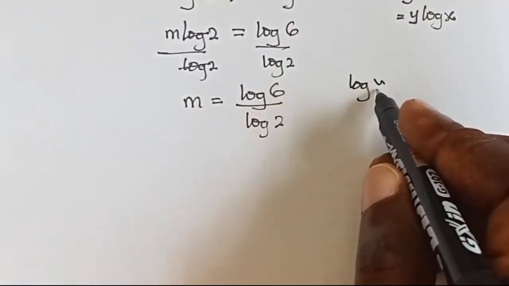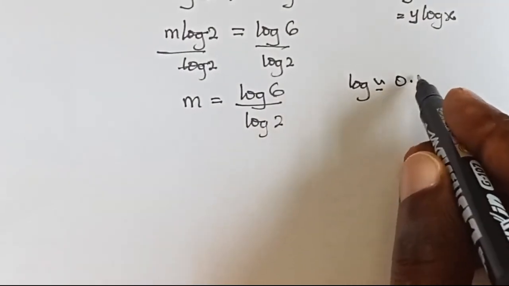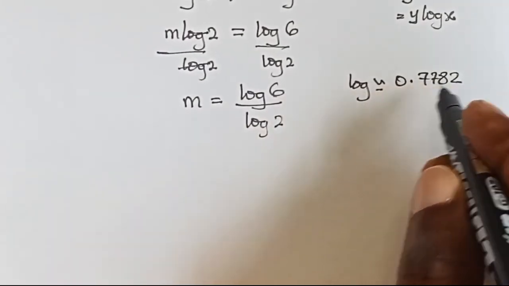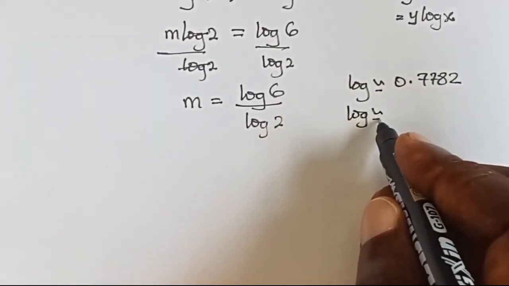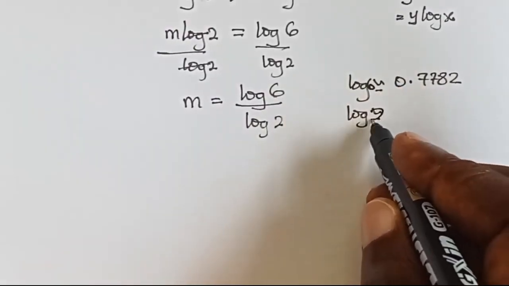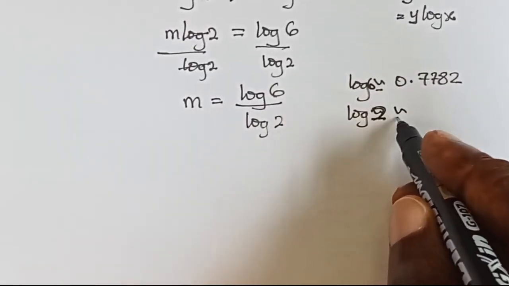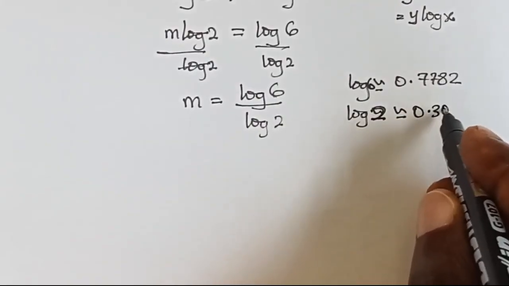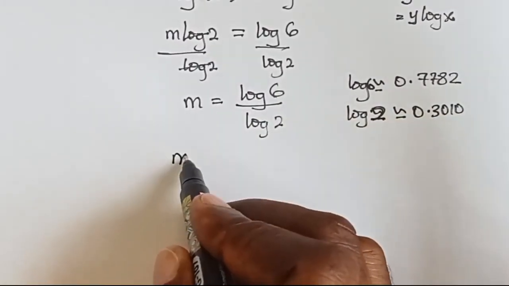Log 6 is equivalent to 0.7782, while log 2 is equivalent to 0.3010, and that's what we are writing here.